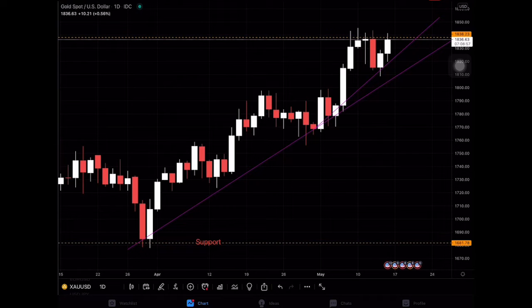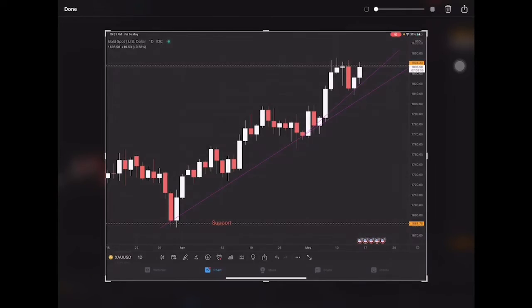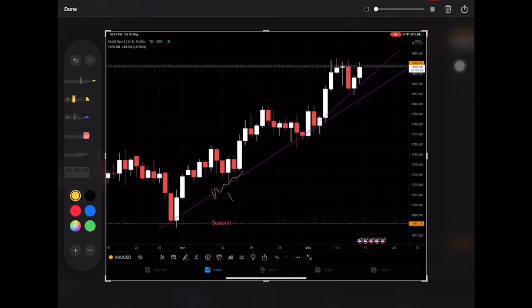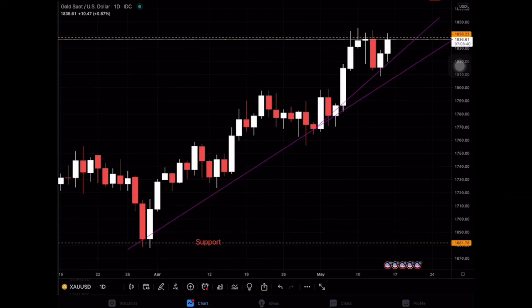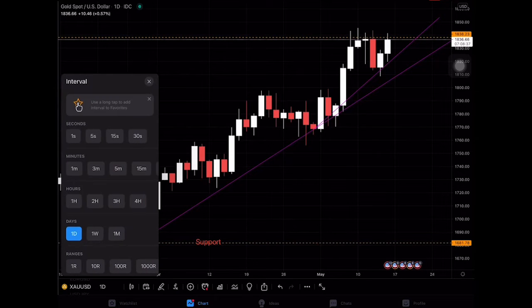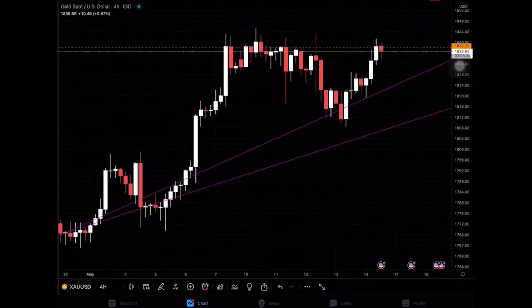And now there's a trend line here, there's a trend line here. This is number one trend line, this is number two trend line. You guys know the price is going to touch the second trend line, so what you need to do is wait for it to touch the second trend line first. So you go into the lower time frame, the 4-hour time frame.